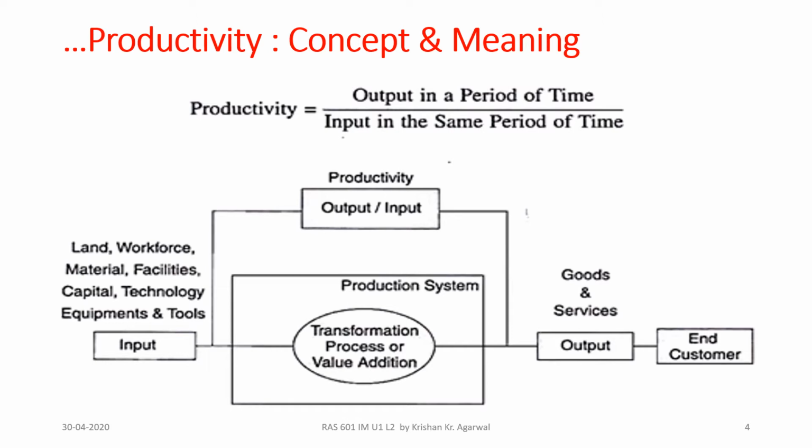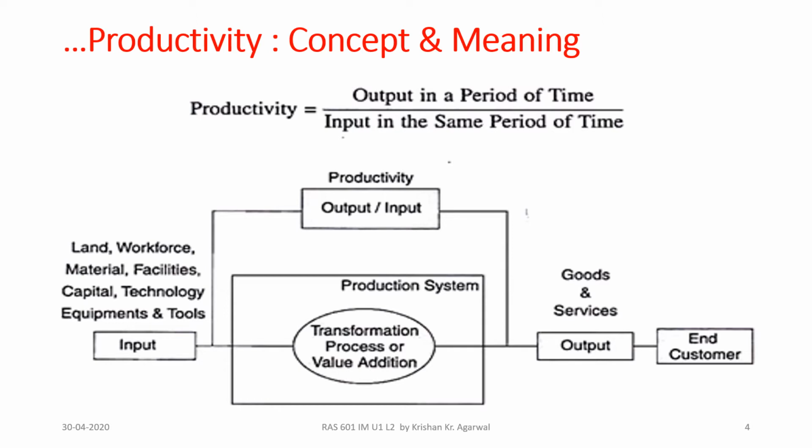When we take some input in the form of land, workforce, material, facilities, capital, technology, equipment, and transform it into a useful form of goods as well as services for the end user, then the process is said to be a production system. Whereas if we wait by using the productivity analysis.